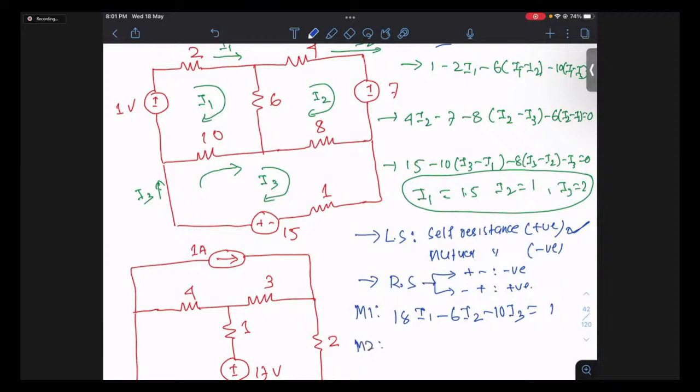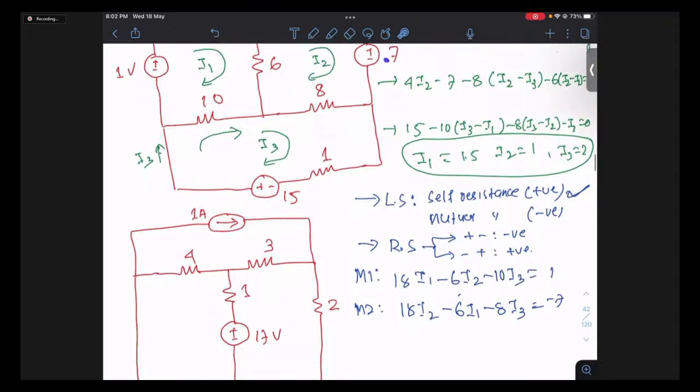For mesh 2, the sum of the self-resistance 8 plus 6 plus 4 is 18. So you get plus 18 I2, and for the 6 you get minus 6 I1, and for 8 you get minus 8 I3, equal to minus 7.